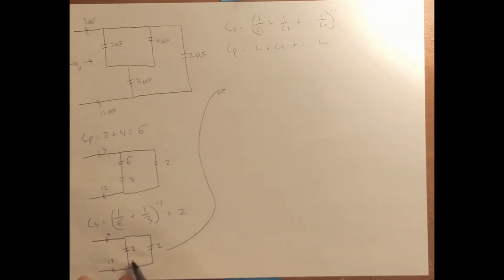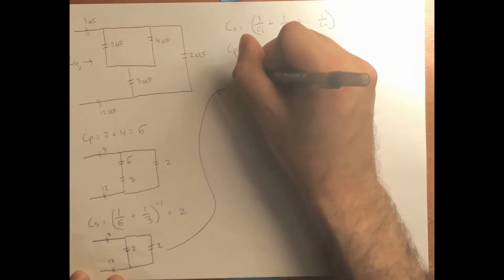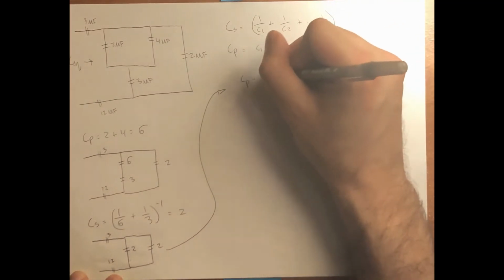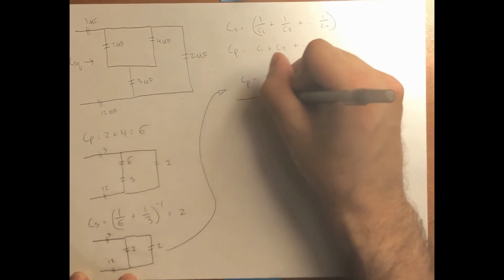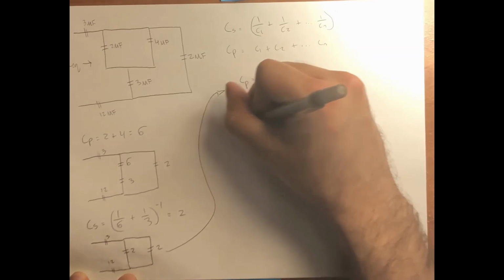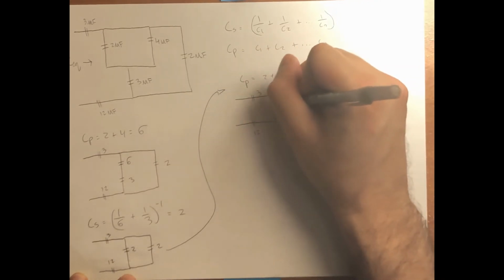We can see that the 2 and the 2 are in parallel. Using the parallel equation, Cp is equal to 2 plus 2, that gives us 4, and we redraw the circuit again, where we have 3, 12, and 4.